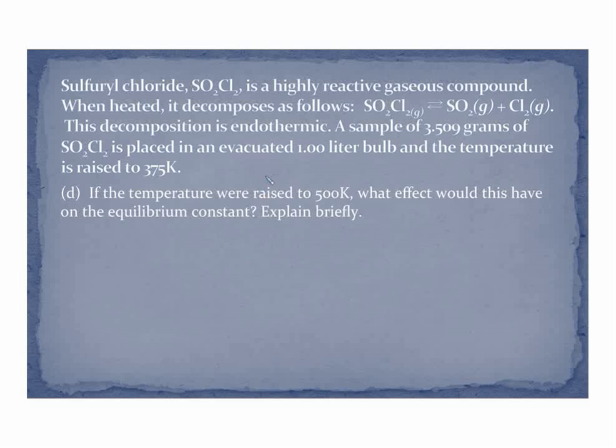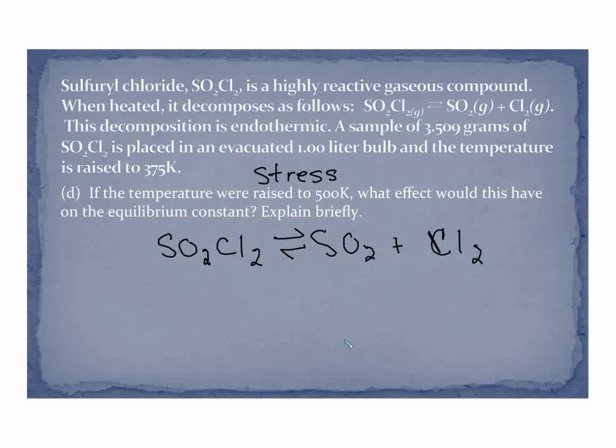Now, D says I'm going to raise the temperature. So in other words, I'm going to stress the equilibrium, or I'm just going to adjust to see, will an increase in temperature give me more products to make lots and lots of money? So I've got SO2Cl2, and I've got SO2 plus Cl2.